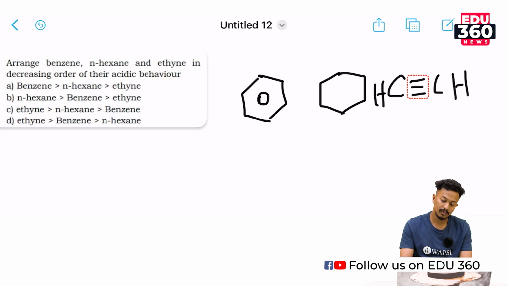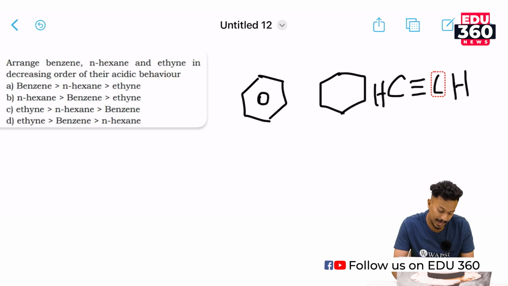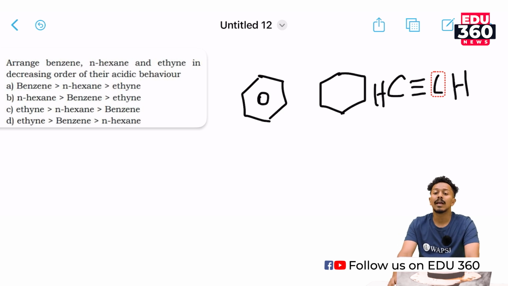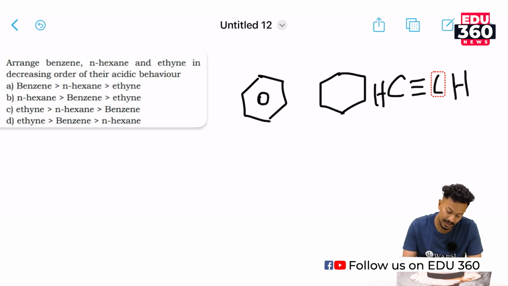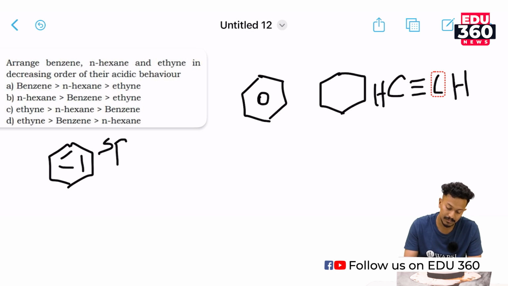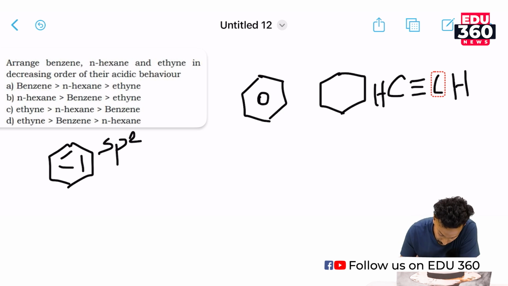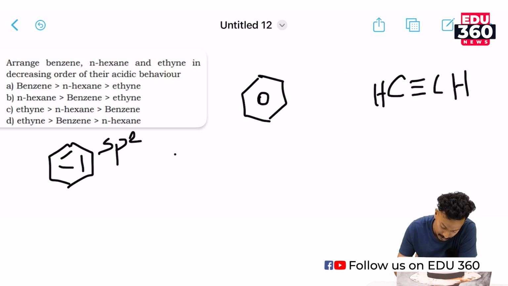Okay, ethane, and in decreasing order of their acidic behavior, we have to show the acidic behavior of each of these. In this benzene ring we have an sp2 hybridized carbon. It's normal hexane, sorry about that.